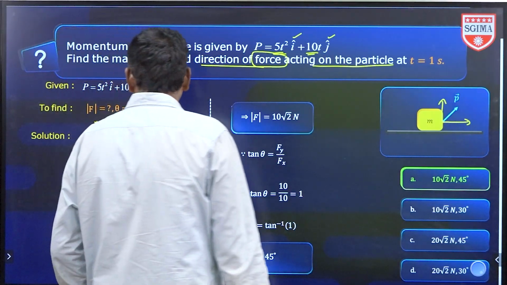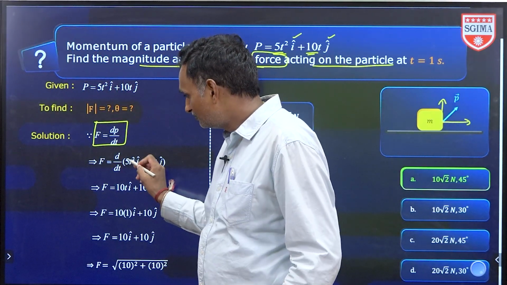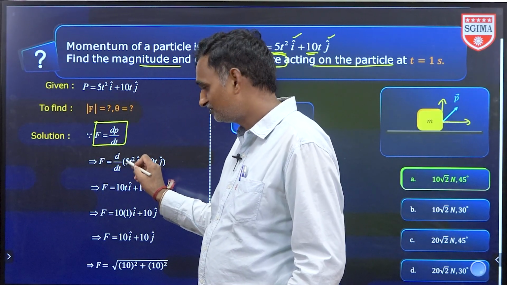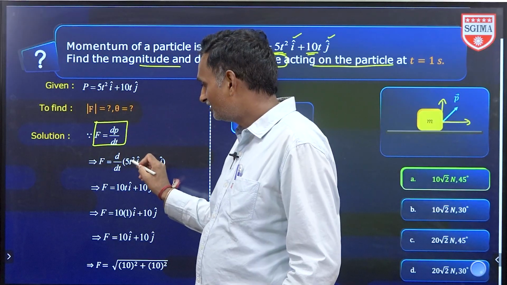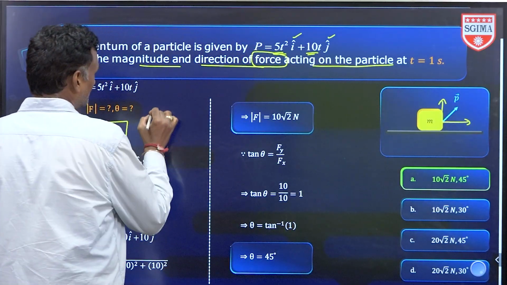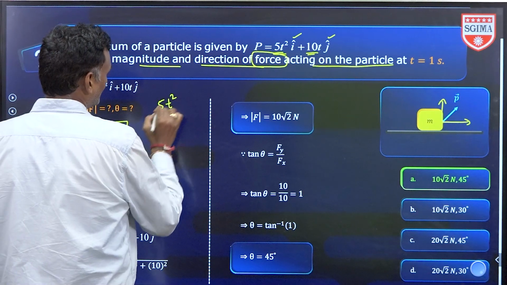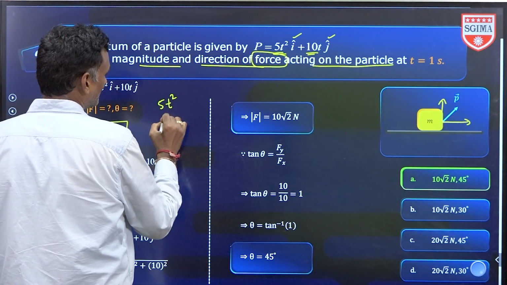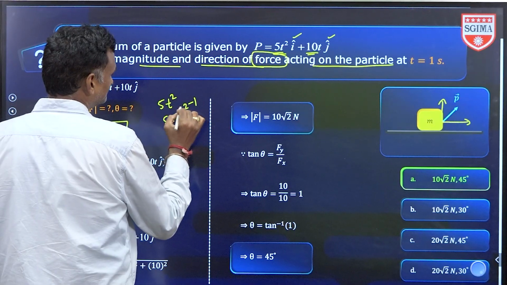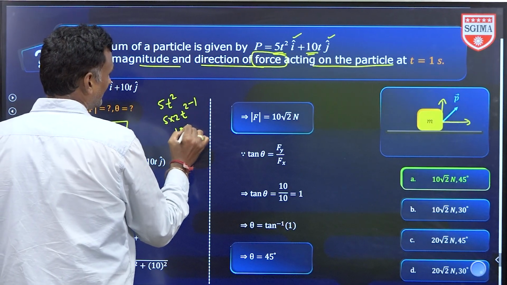So then 5t square i cap. When you differentiate 5t square, the 2 comes in front and is multiplied with 5, and the power is 2 minus 1. Let me explain here, only 5t square. So 2 comes and multiplies with 5 t power 2 minus 1. Okay, so this is 10t.